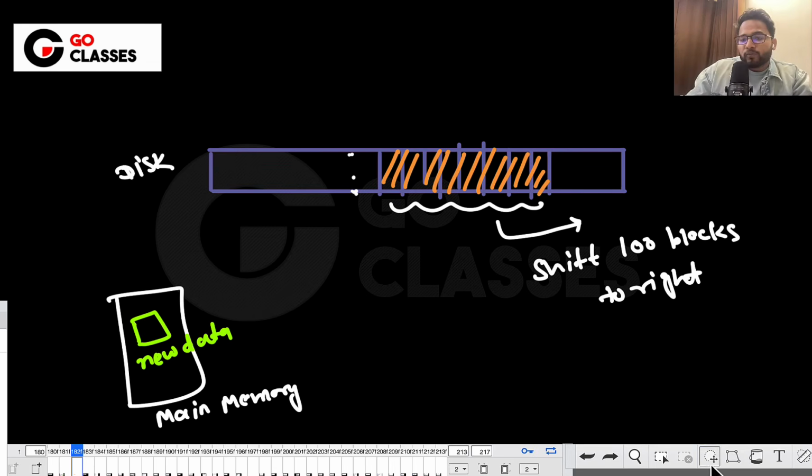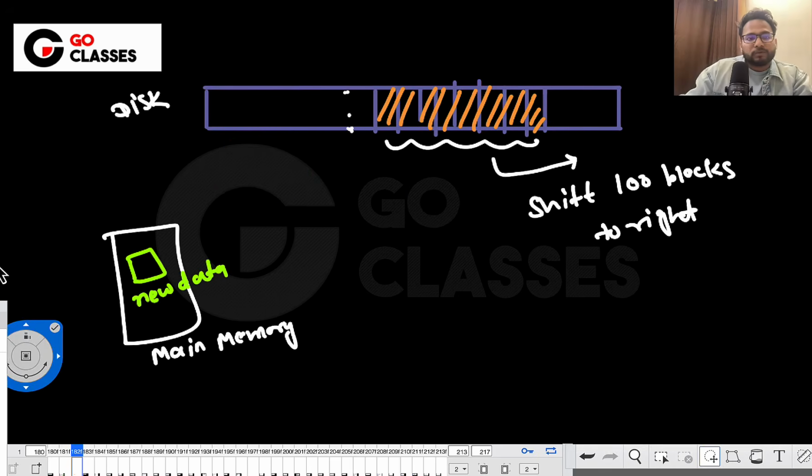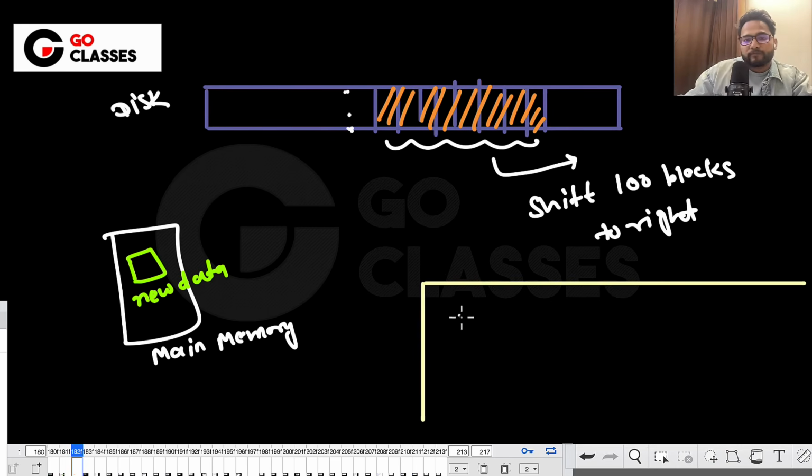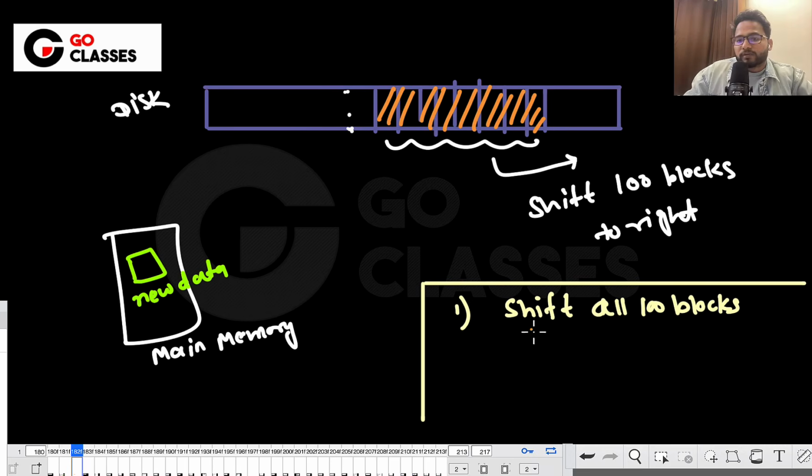So what we need to do is shift all of this, right? The first thing we need to do is shift all 100 blocks. Actually, we will be doing this in many questions. For the shift, for one block, it needs two accesses.